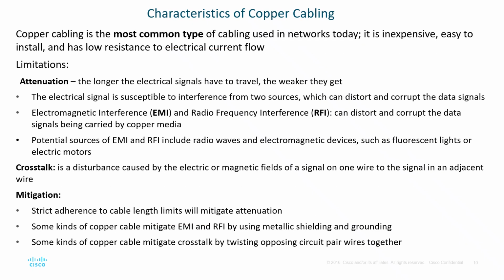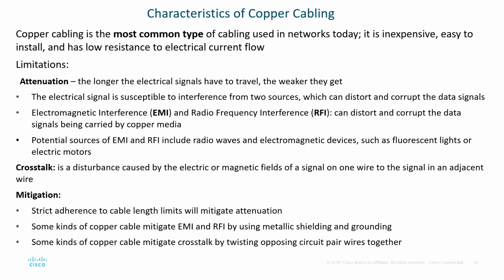Now, copper cabling is the most common type of cabling used in networks today. It is inexpensive, easy to install, and has very low resistance to electrical currents. Some limitations, however. Attenuation can happen: the longer the electrical signals have to travel, the weaker they get.